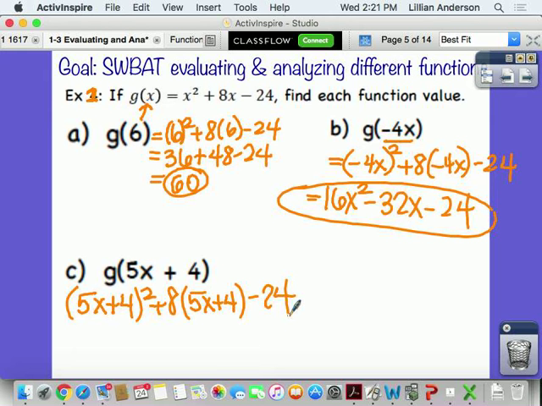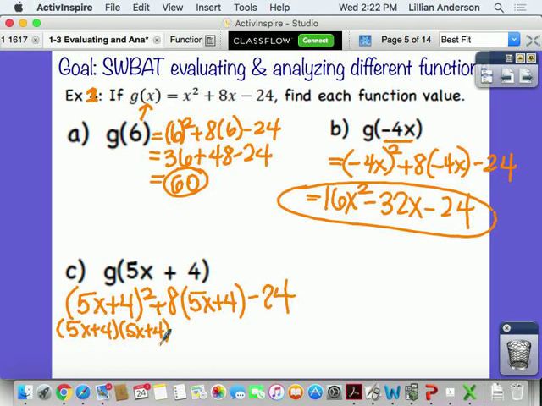You FOIL. Yes, 5x plus 4 squared is the same thing as saying 5x plus 4 times 5x plus 4, so two of them. So you got to FOIL it.